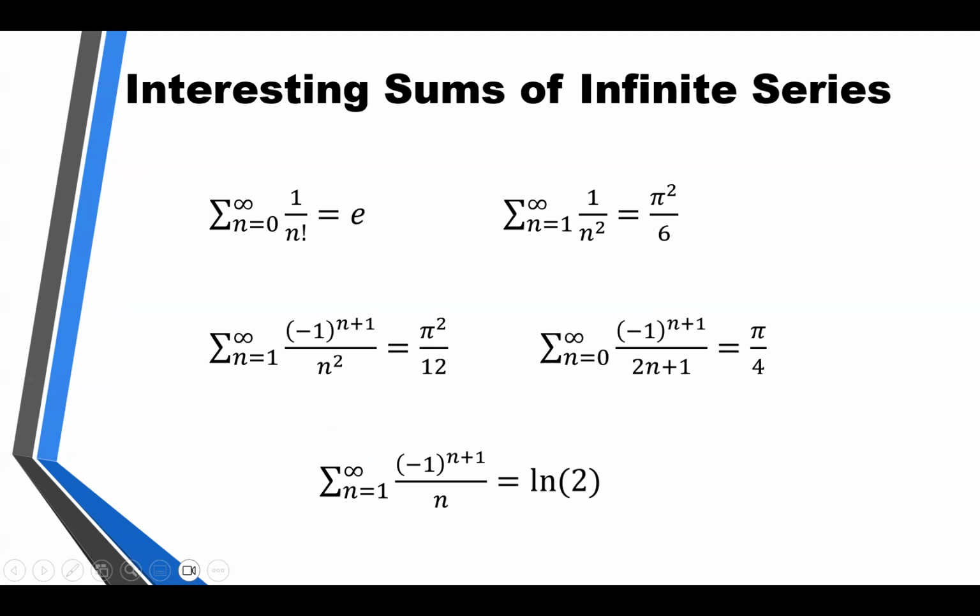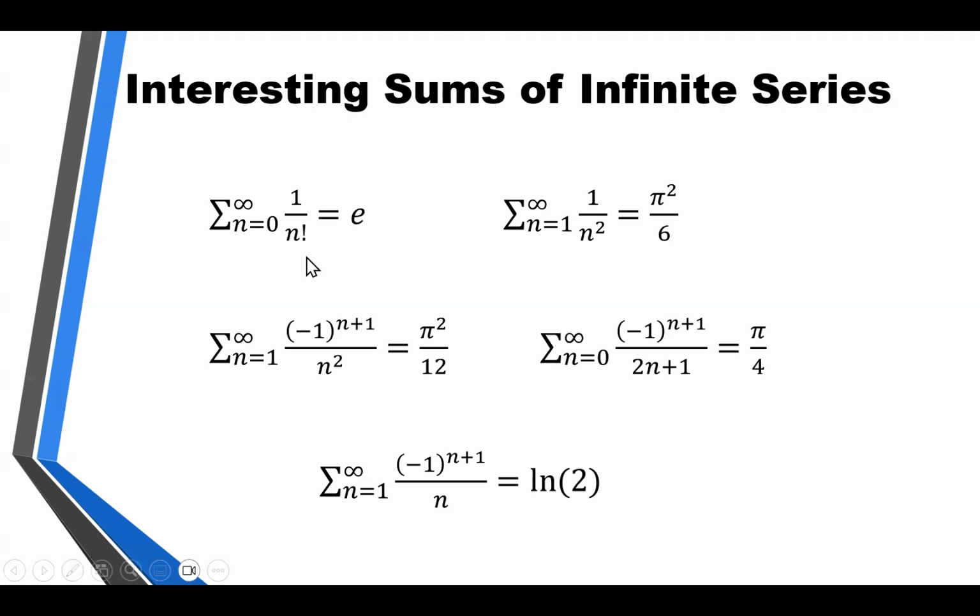In fact, there are some well-known infinite series that add up to some very unique values. These are not ones that you're going to have to know by any means, but you can see some really unique things happening with infinite series.